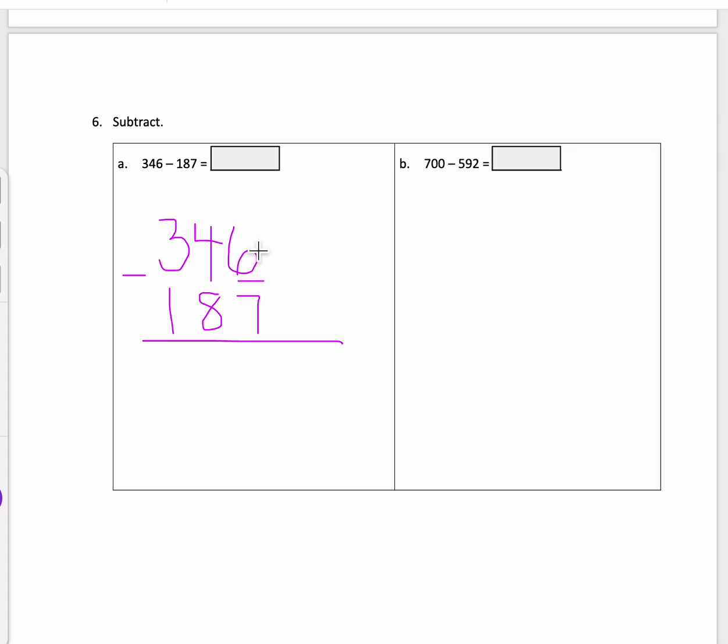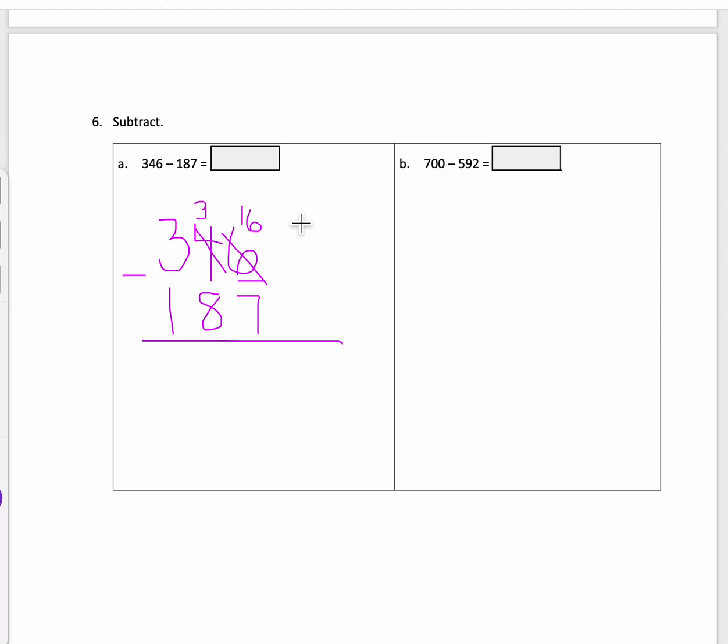Well, no, right? 7 is too big. More on the floor, you go next door to get some more. I use this as a way to get more ones, right? So I take a 10 and I rebundle it into the ones, making this a 16. Now I can subtract the ones place.